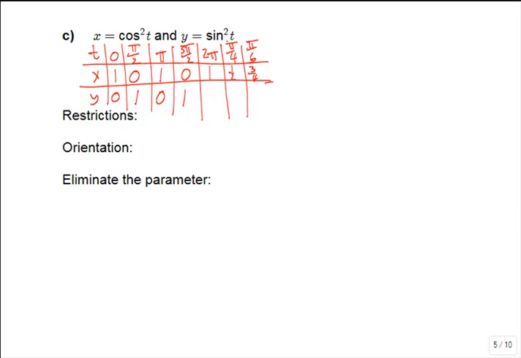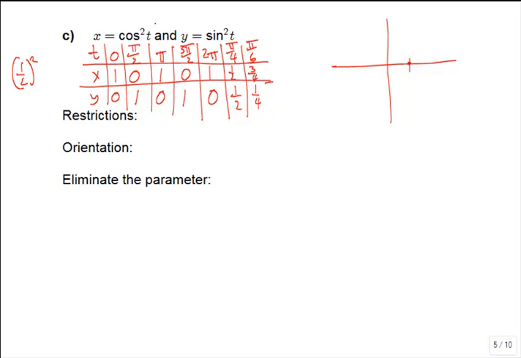Sine of 2 pi is 0, so this is going to stay 0. Sine of pi over 4 is that root 2 over 2, and when you square it, you're going to get that 1/2 again. And sine of pi over 6 is a half, and when you square that, you're going to get 1/4. So if we plot these points, when t is 0, we get 1, 0, which is right here.